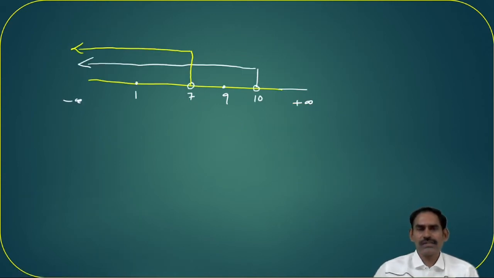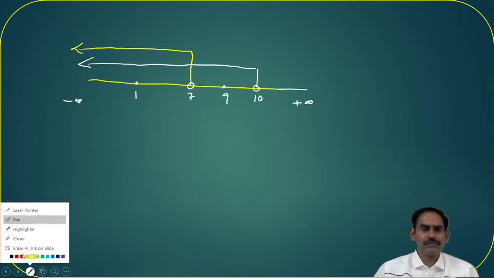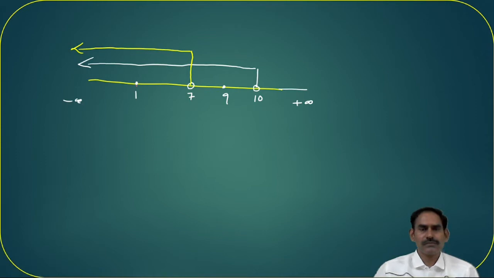So this is exactly our minus infinity to 1, union 9 to plus infinity. Where are the 3 lines?